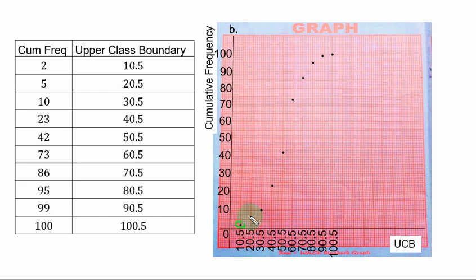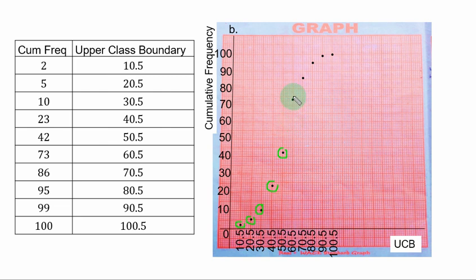So you have 2 against 10.5. You have 5 against 20.5. You have 10 against 30.5. You have 23. After 20, you count 3 lines up, that is 23 against 40.5. 42. After 40, you count 2 lines up, that is 42 against 50.5. The next one is 73.